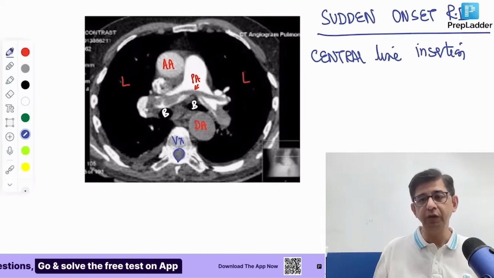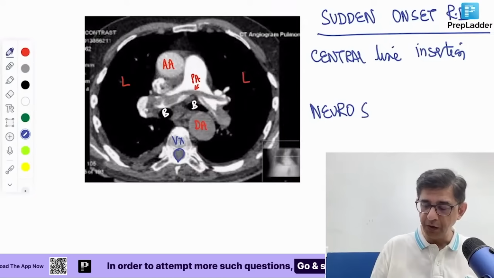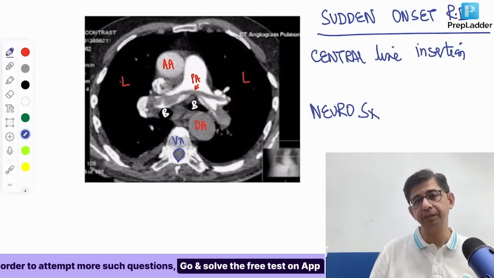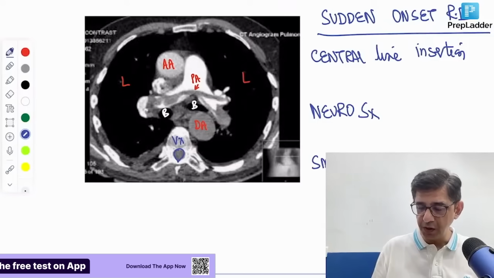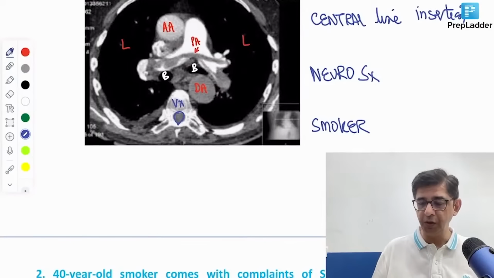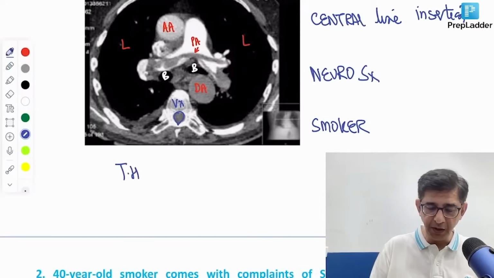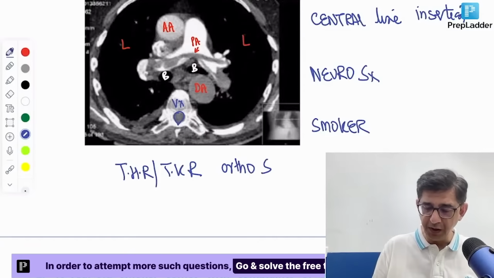The second MCQ says the patient is undergoing neurosurgery and there is sudden onset respiratory distress. The third MCQ is on a cigarette smoker who is having sudden onset respiratory distress. And the fourth is a patient who underwent joint implant surgery like total knee replacement, orthopedic implant surgery, and there is a breathing difficulty in the patient.